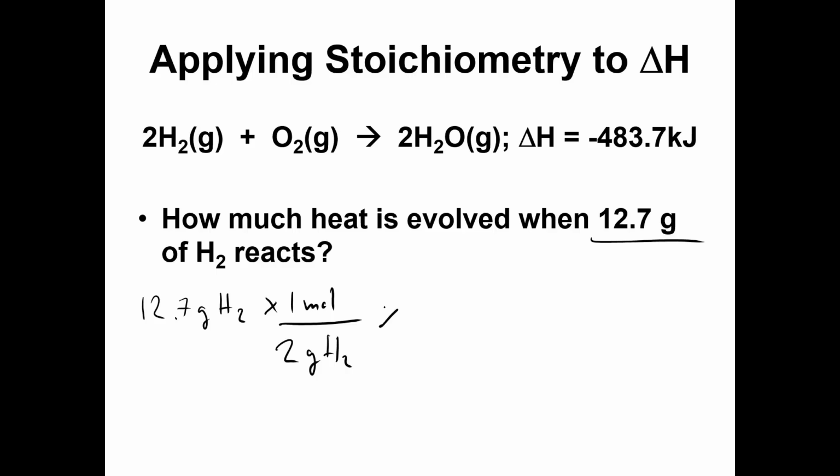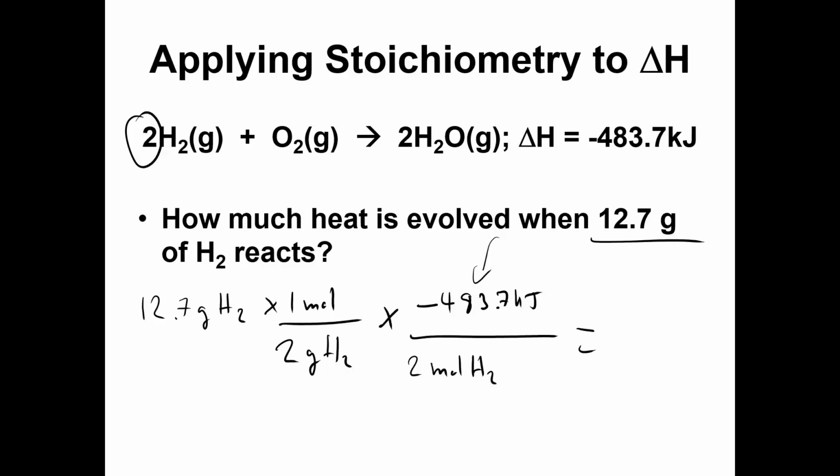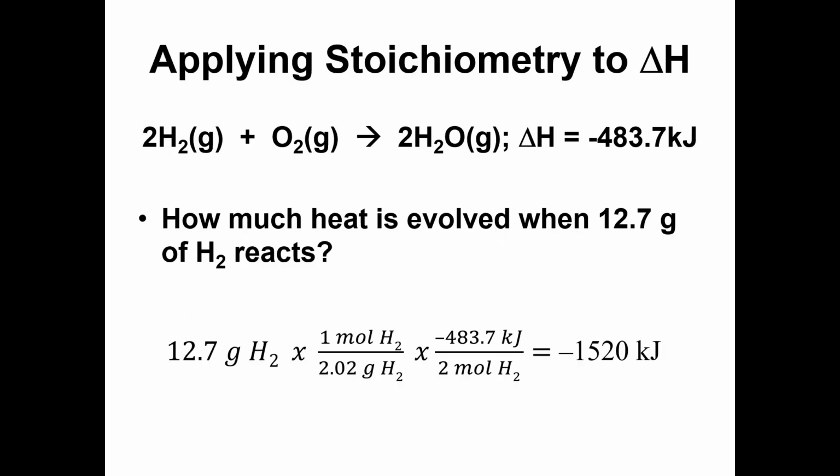And then you multiply by minus 483.7 kilojoules divided by the 2 moles of hydrogen for a reaction, right? So 483.7 kilojoules are released for every 2 moles of hydrogen gas that reacts, and so you get a minus 1,524 kilojoules here. Right.